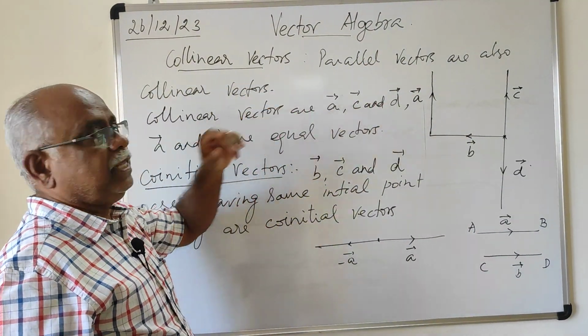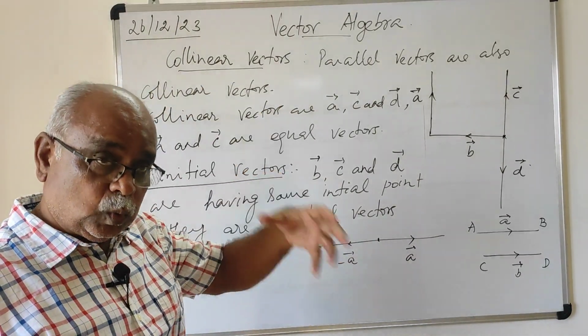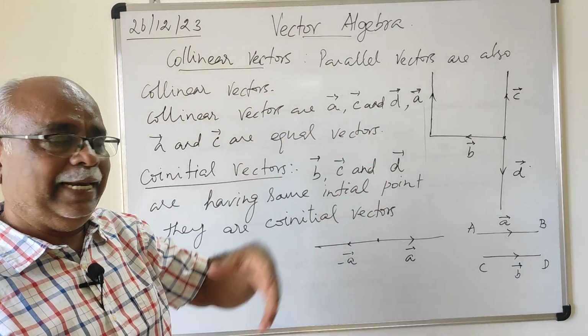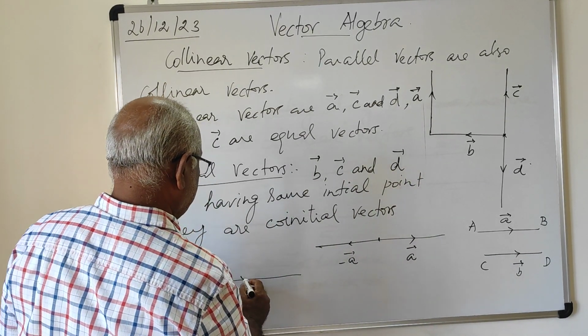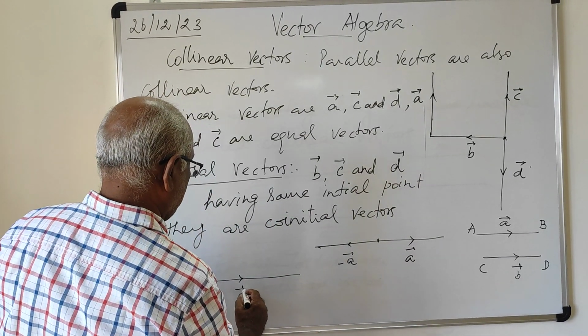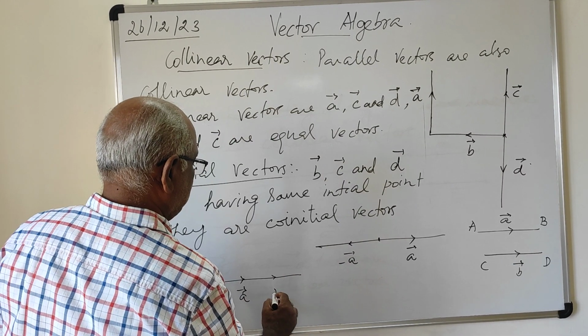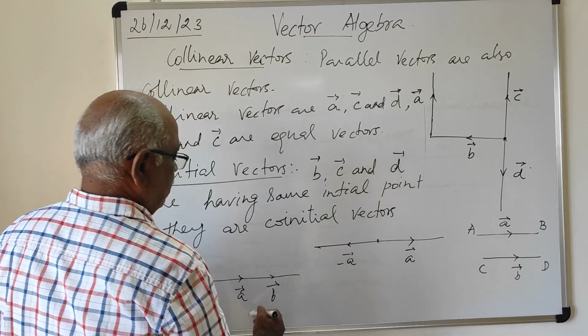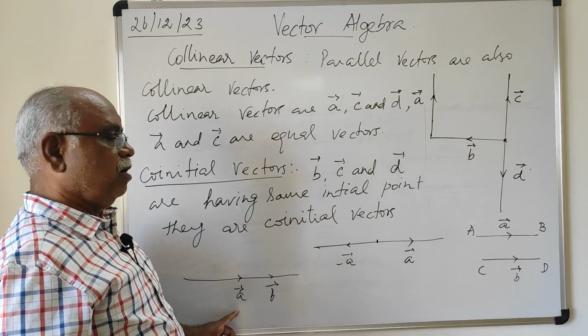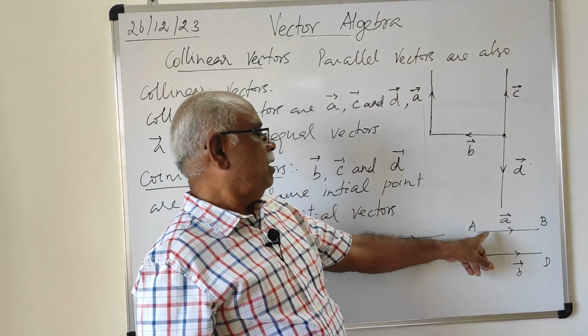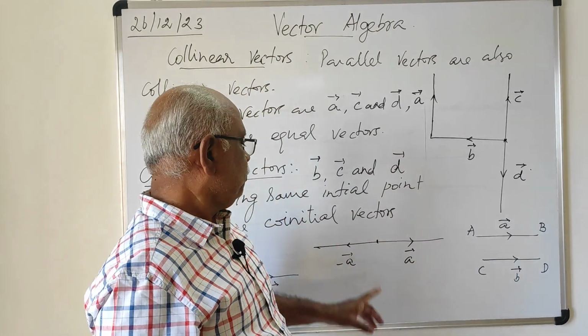Collinear vectors are nothing but parallel vectors and also vectors acting along the same line. If two vectors are acting along the same line, then those two vectors are called collinear vectors. So the vectors A and B are collinear vectors. Parallel vectors are also collinear vectors.